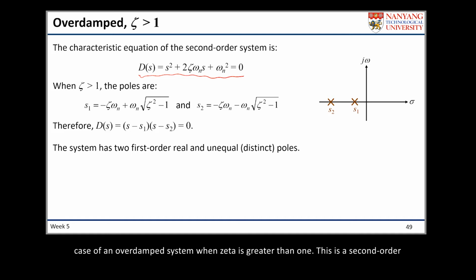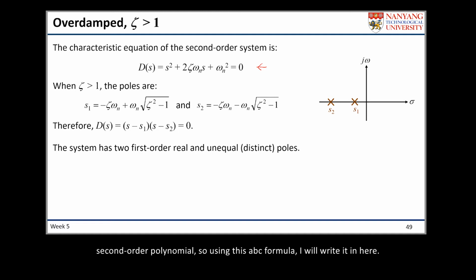This is a second order equation, so when you want to find the roots of this characteristic equation, you just find the roots of a second order polynomial using the ABC formula. You still remember that, don't you? The formula to solve the roots of a second order polynomial.